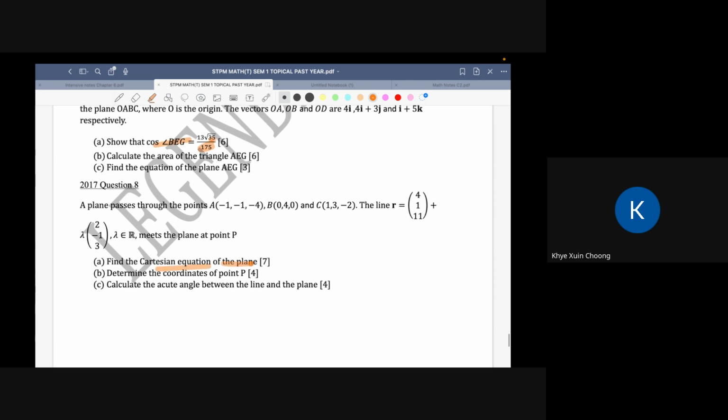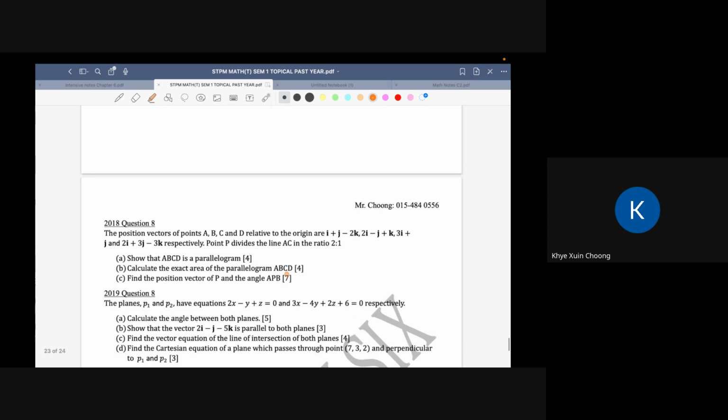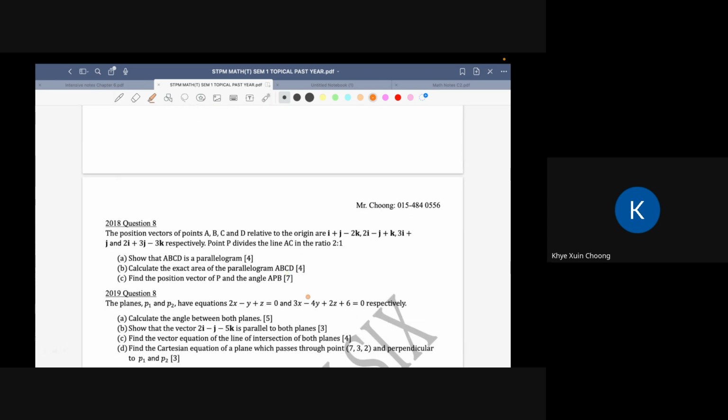Find the Cartesian equation of the plane: we can do. Determine the coordinates of point P: maybe we can do. Calculate the acute angle between the line and the plane: we can do. Try to search for as many parts as possible that you can do, and try your best. It's okay to not be able to solve all the questions.